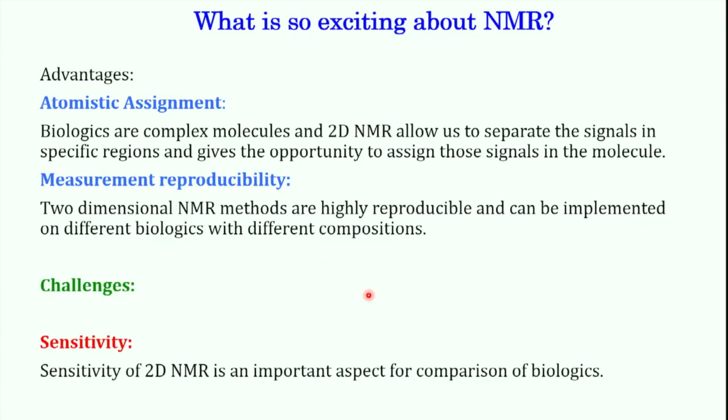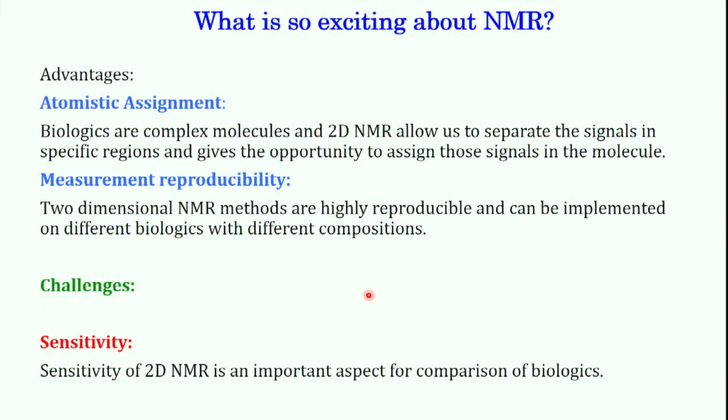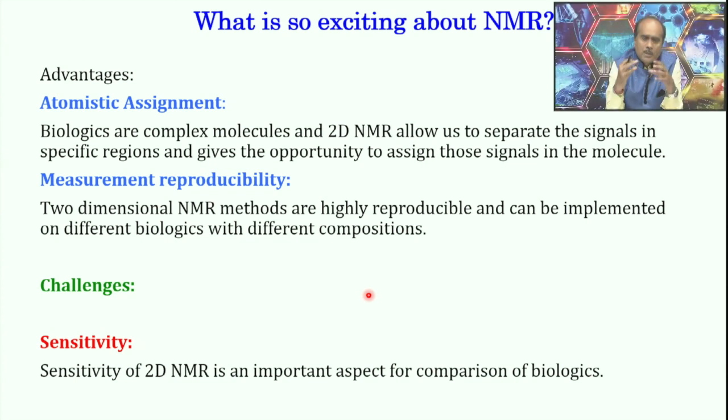So, in a concerted manner, all of these help in characterizing the higher order structure as well as aggregation of these products. Now, coming back to NMR, why is NMR exciting? It gives the atomistic picture. As we mentioned earlier, biologics are complex molecules. Therefore, 2D NMR allows us to separate the signals in a specific region and gives us the opportunity to look at the molecular structure in quite some detail. The great thing about NMR is that it is highly reproducible.